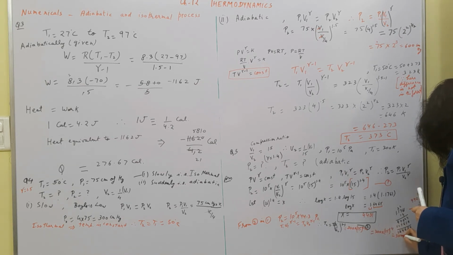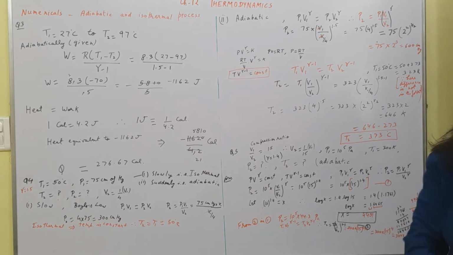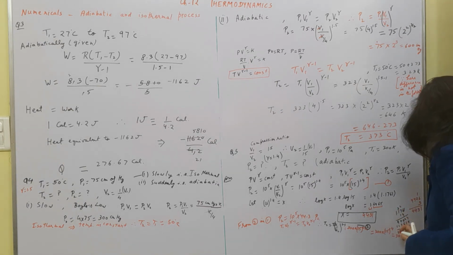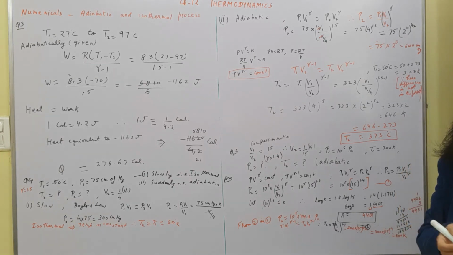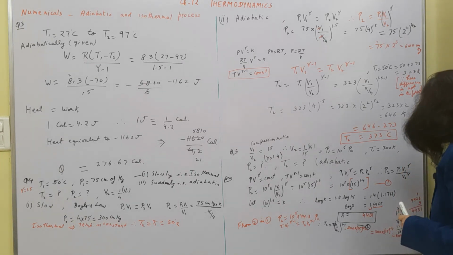As before, after calculation, 300 into 15 to the power 0.4 gives me 886 Kelvin. I am writing directly. I have already explained how to find the log and anti-log. So you will find this value also after using the log table.